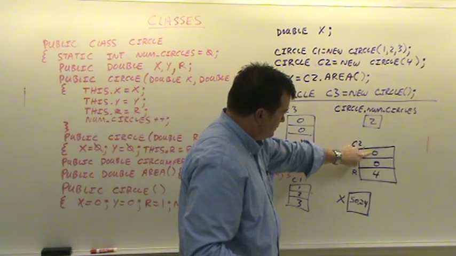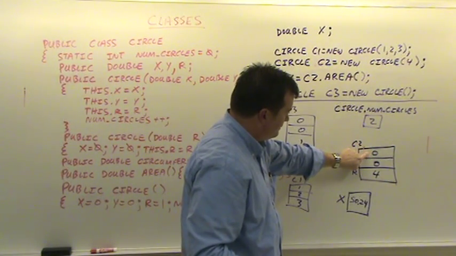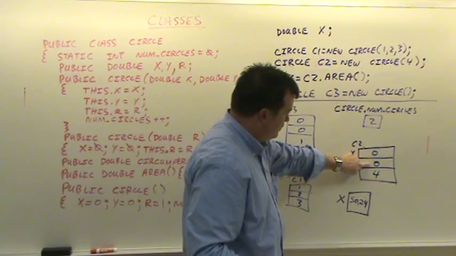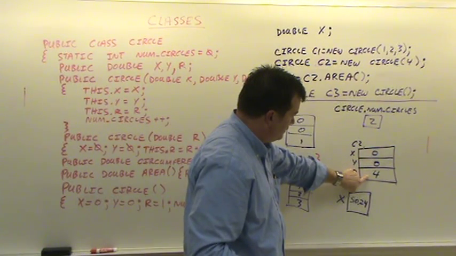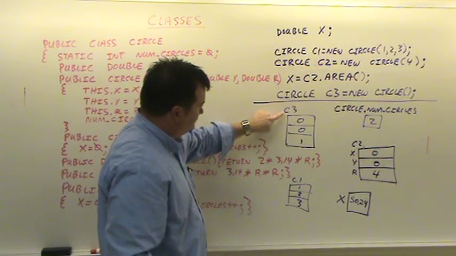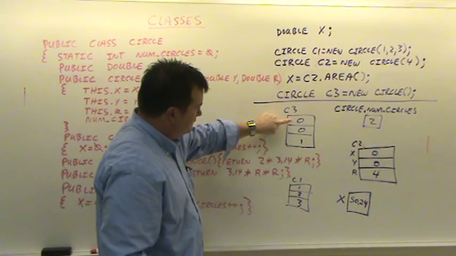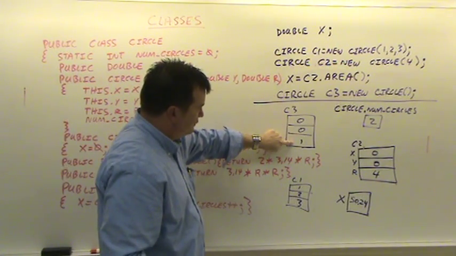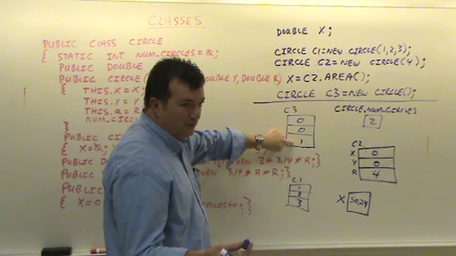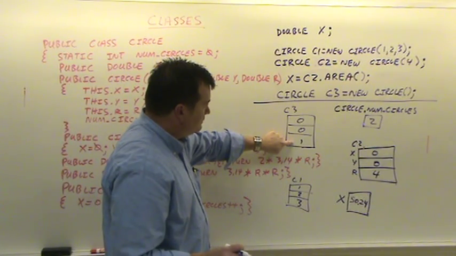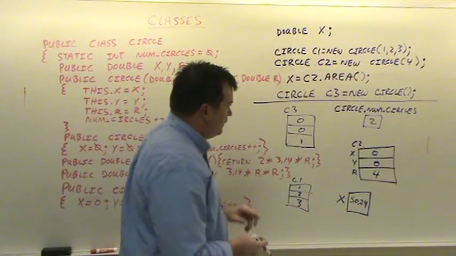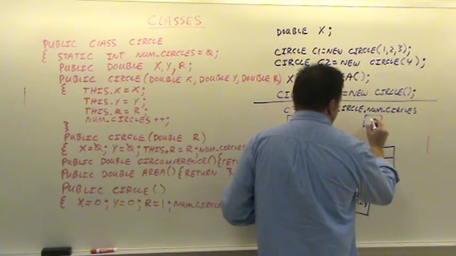C2 is another piece of storage, a circle object. X is 0, y is 0, radius is 4. Now we've created a third one, C3. X is 0, y is 0, radius is 1, because we've decided that's the default for a circle. And we've made the overall counter go to 3 now.